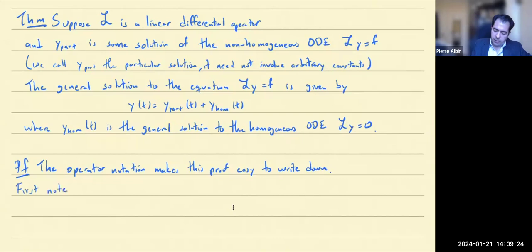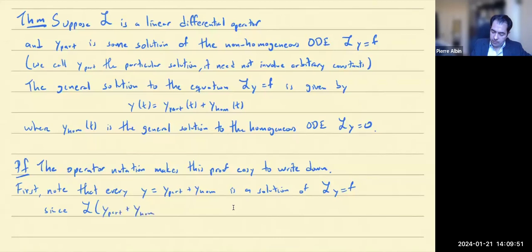So first note that every function that you can write as a particular solution plus a homogeneous solution is a solution of Ly equals f, since L of y part plus y home, well, L is linear, so that's just L of y part plus L of y home, right?